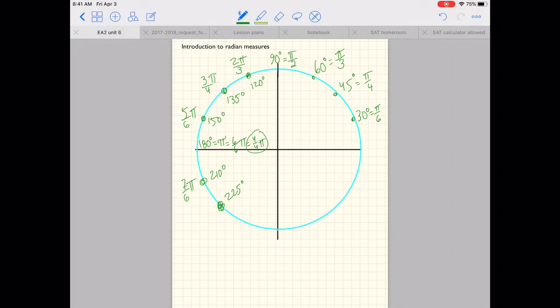So think of it as 4/4 plus 1 more fourth, and you get your 5 pi over 4. Okay, and 60 away from 180, use 60 as pi over 3. So think of this pi as 3/3, and 3/3 plus 1 more is 4/3. So that is another way to get these.